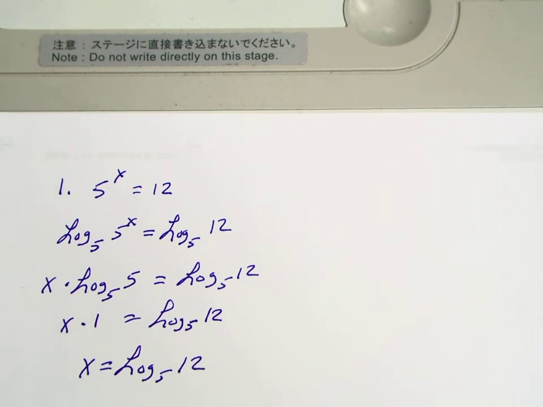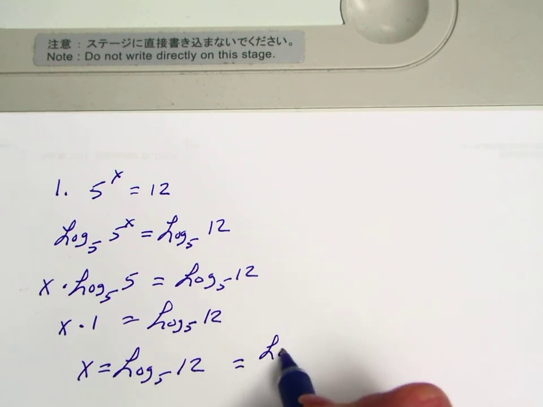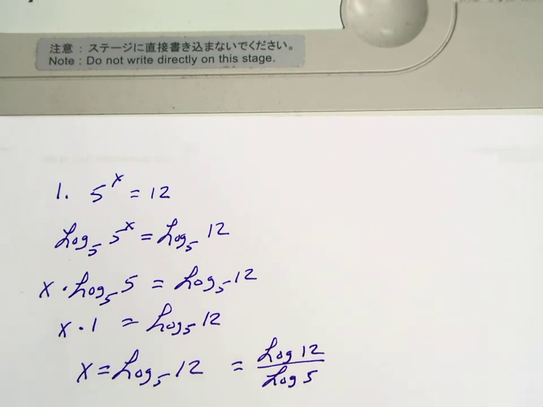So that's our final answer. You can put that in the calculator and get a decimal value, or leave it like that. You can change it to another base. So to change the base, it would be the log of 12 over log of 5. All right. So next question.